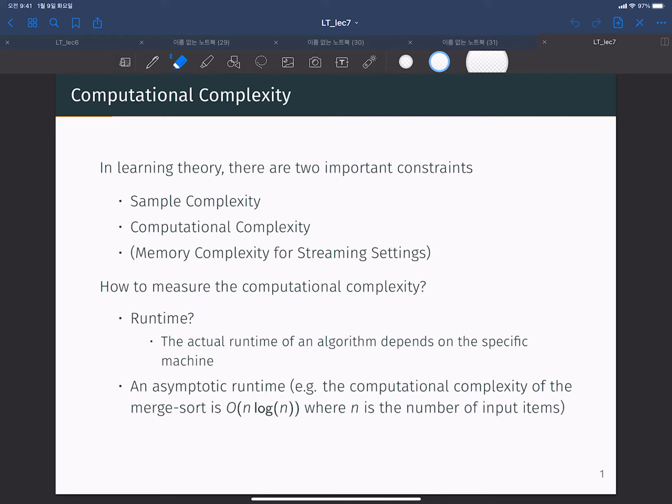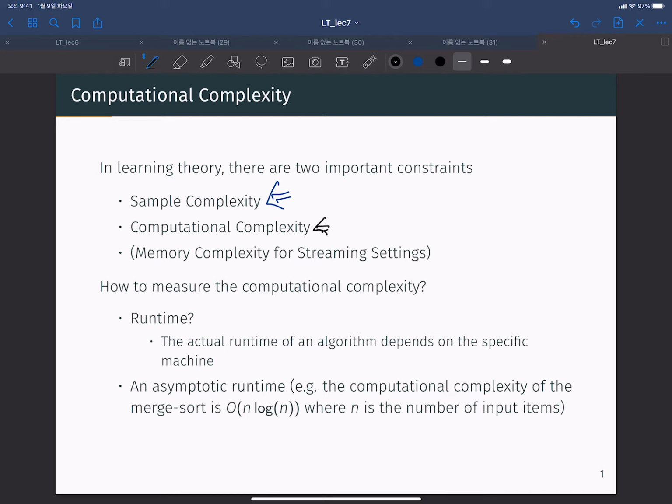So in learning theory, there are two important constraints. One is sample complexity and one is computational complexity. The sample complexity is what we have discussed until now: how many data samples are needed to train our model so that the model can have epsilon accuracy with confidence level of 1 minus delta.